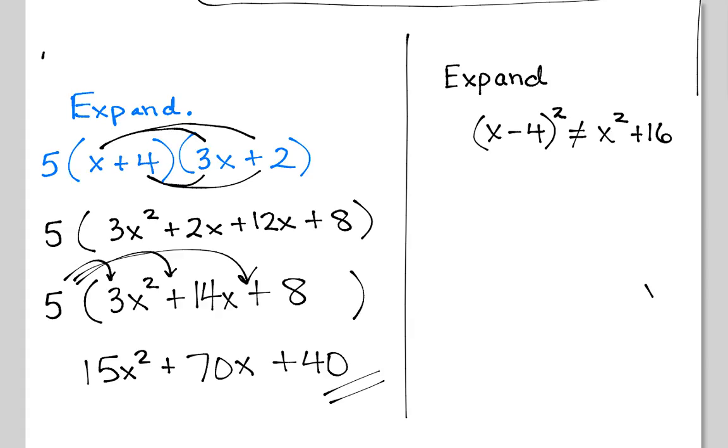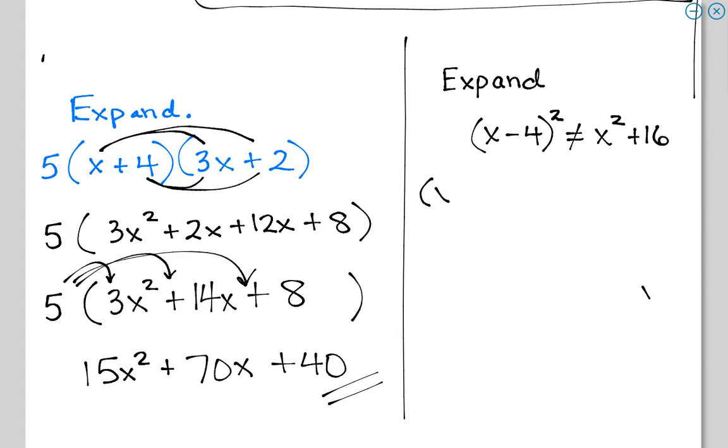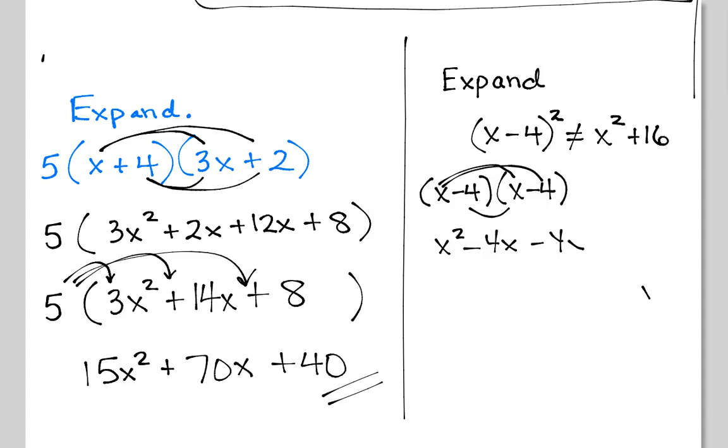What's it missing? What always went in the middle? Right? What does it mean to square something? It means you have to write it twice. That's the length and this is the width. So you have to FOIL. X squared minus 4x minus 4x again plus 16.